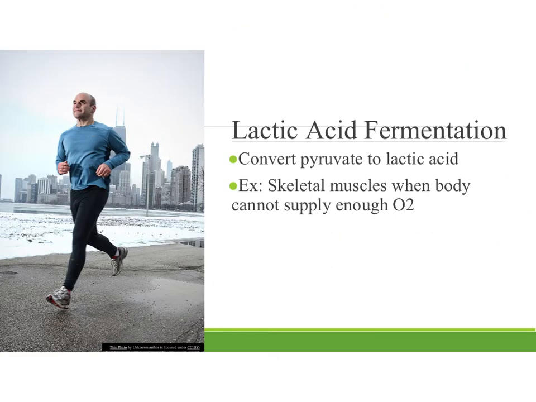The second type of fermentation is called lactic acid fermentation. This time we take the pyruvate and we convert it to lactic acid. Let's draw this out. We have the 2 pyruvates from the end of glycolysis, and those will end up making 2 lactate molecules.